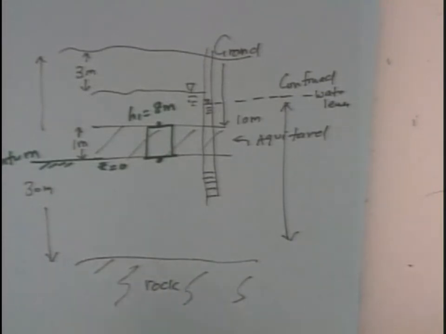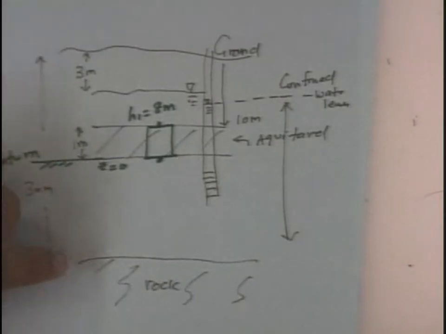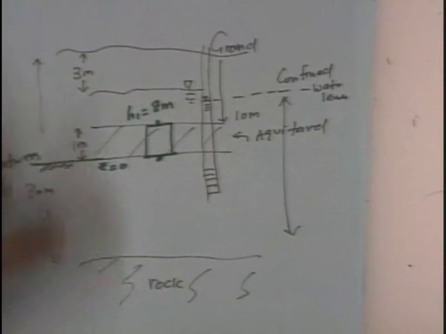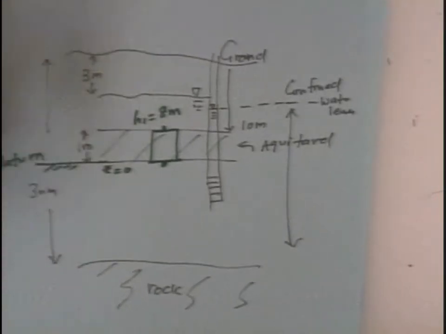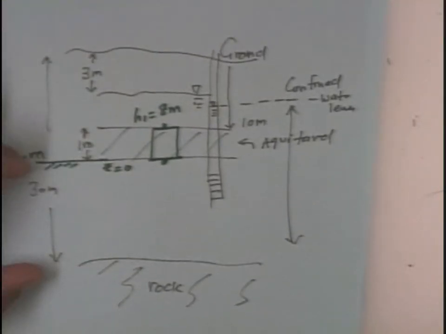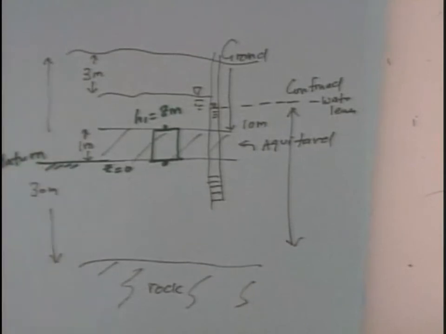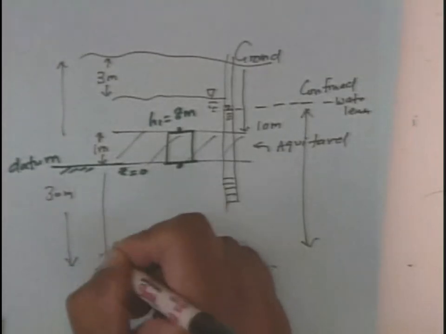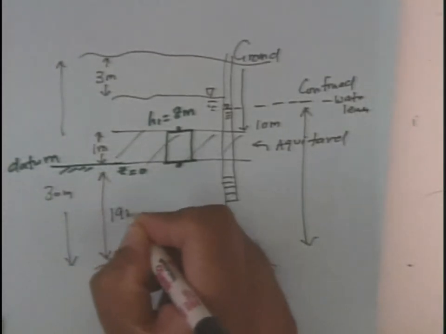So basically, remember, you could either use this as a datum or this as a datum. If you use this as a datum, then you got to subtract this distance, which is what is this? This turned out to be a pretty interesting problem, actually. 19 meters, right? Okay.